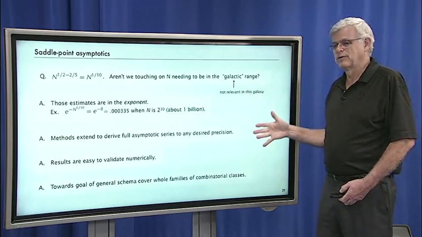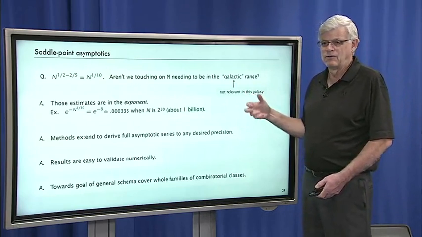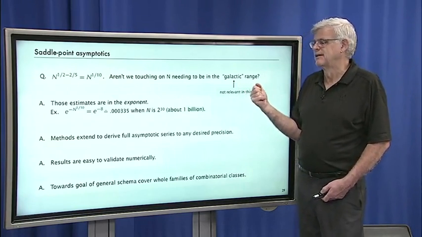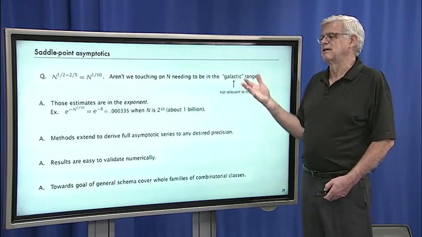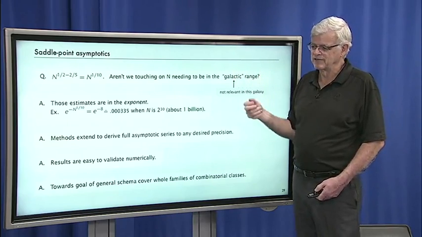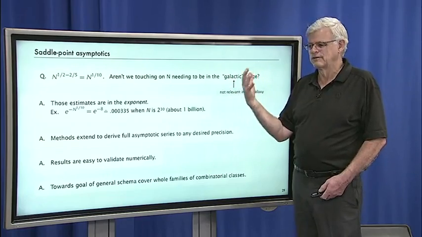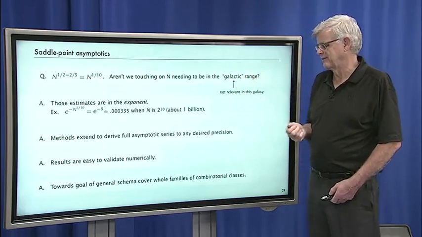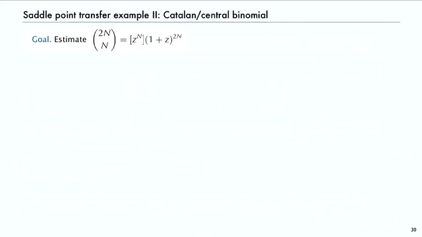We're still pushing towards the goal of having a general schema that will cover whole families of classes. It's hard to say that we're as far along on this goal for saddle point as we are in some methods, but actually when you look at the extension to limiting distributions, we actually are. But that's an advanced topic beyond the scope of this course.